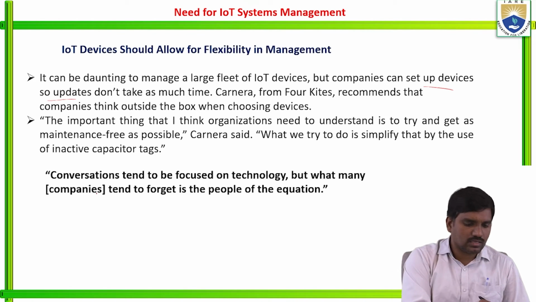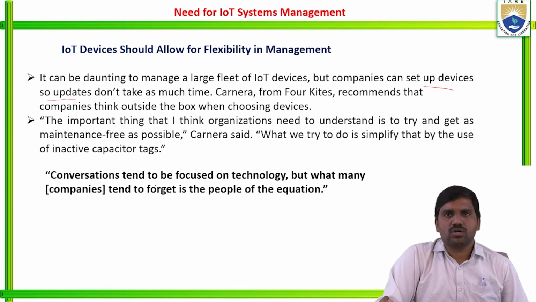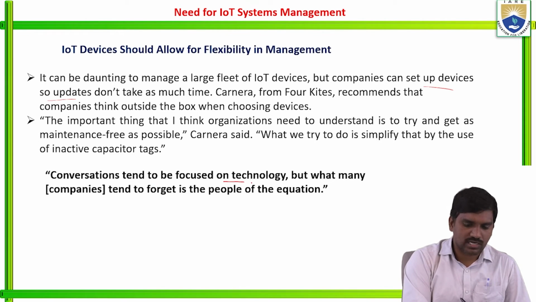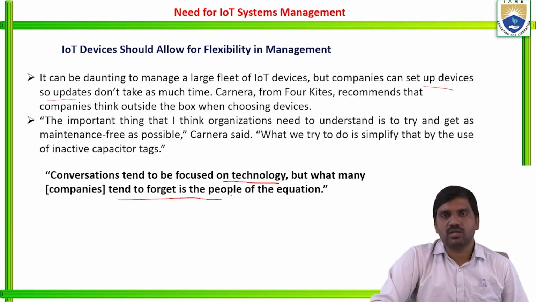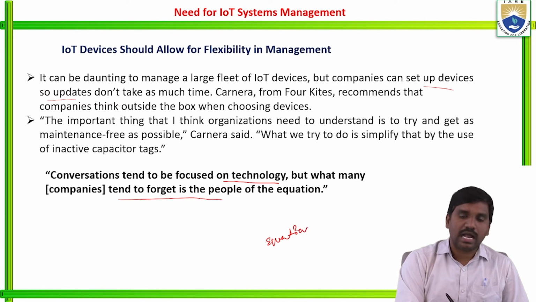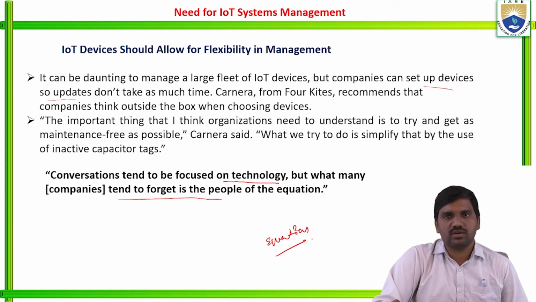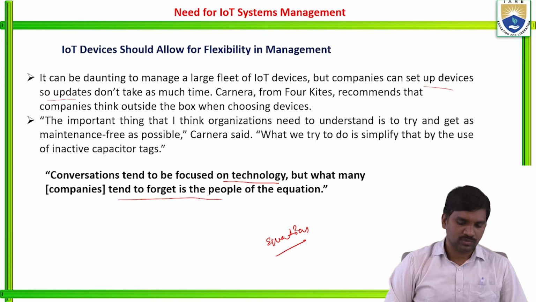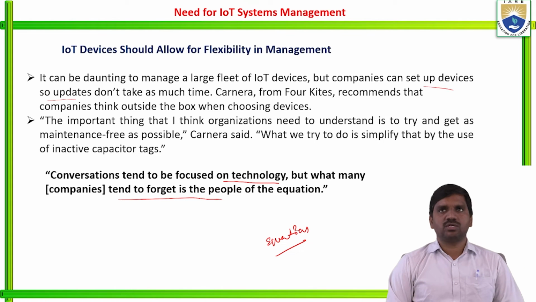The conversation tends to be focused on technology, but what many companies tend to forget is the people part of the equation. So there are some companies that forgot to follow the equation. So this is about IoT devices should allow flexibility in management.